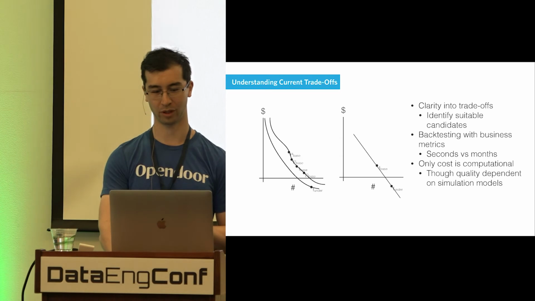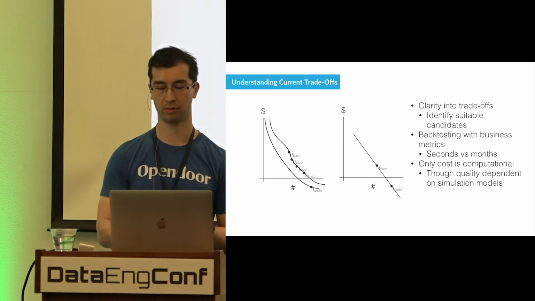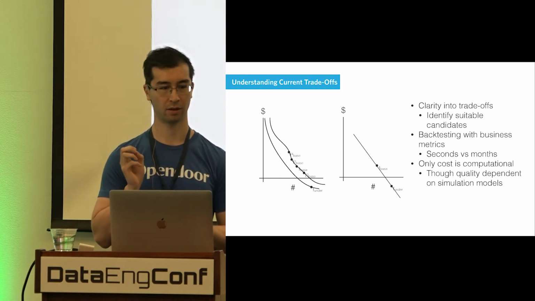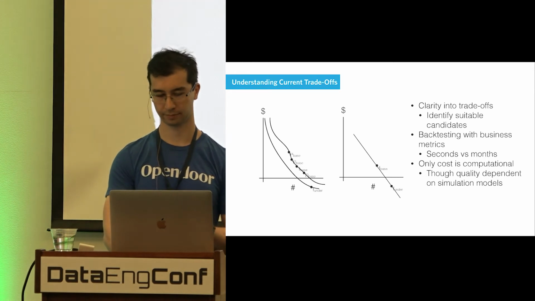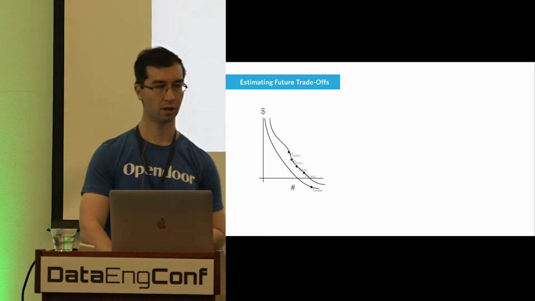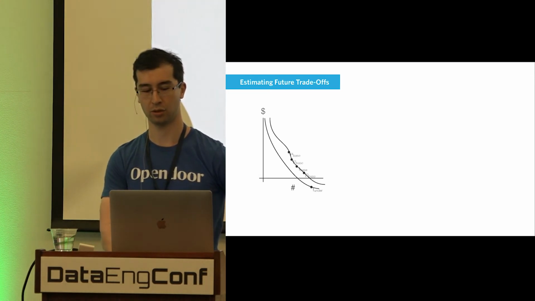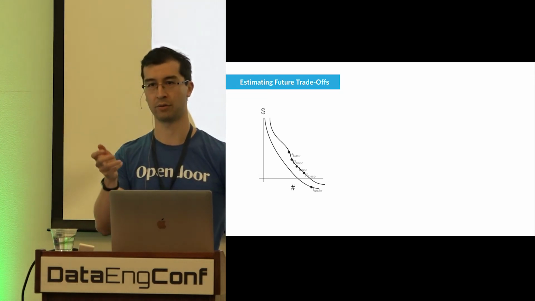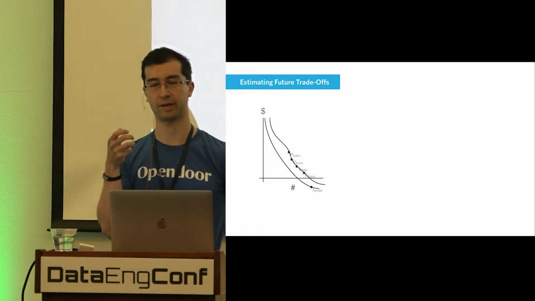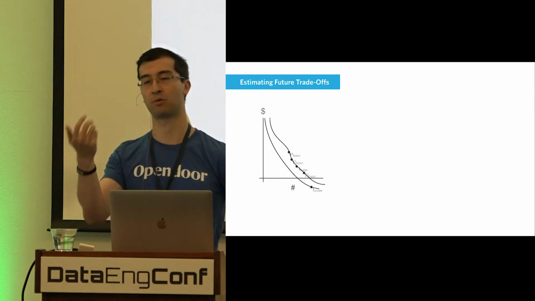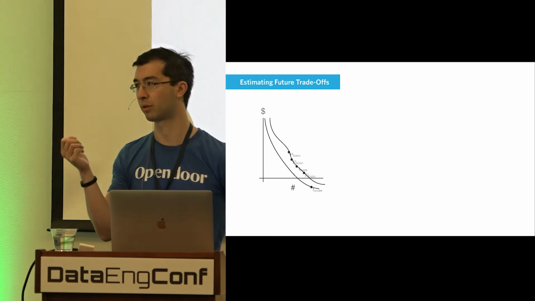But I think another really cool thing that the simulation framework gets you is the ability to do a better job planning. One thing that happens in a lot of companies is you have some measure of, these are the metrics right now, this is where I am, and then you want to set a goal. I want to be X% better in the next quarter or something.